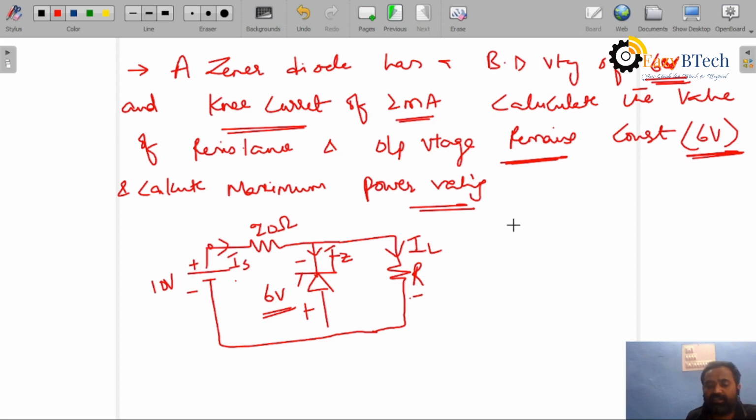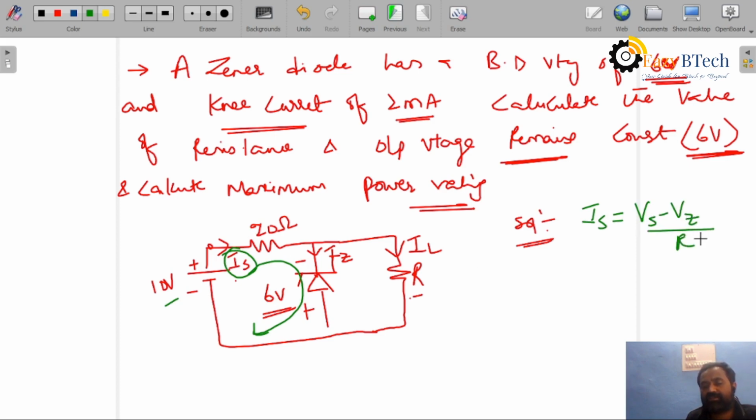Now to find this, first you can see what is the total current. From the loop equation, IS is equal to Vs minus Vz by Rs, which is 10 minus 6 by 20.